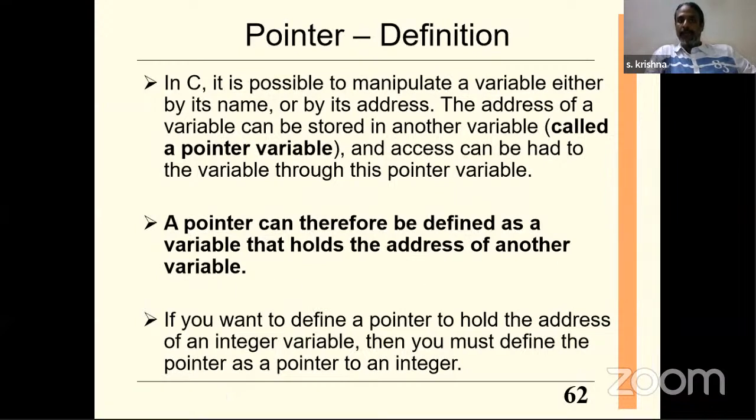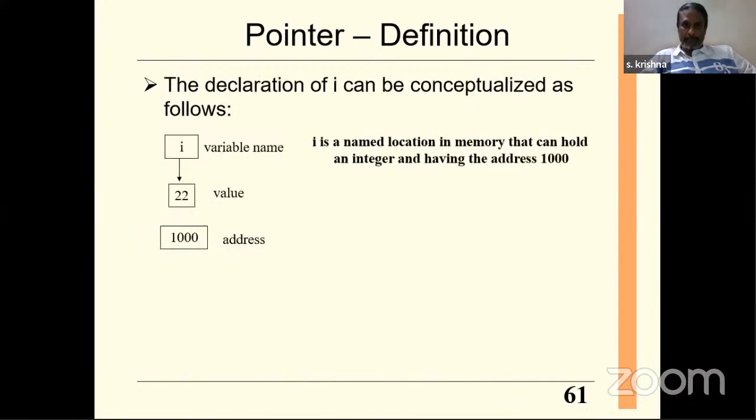So a pointer is a variable which holds the address of a variable. It is a bit confusing, but understand, it is very important: the pointer is nothing but a variable which is holding the address of another variable.